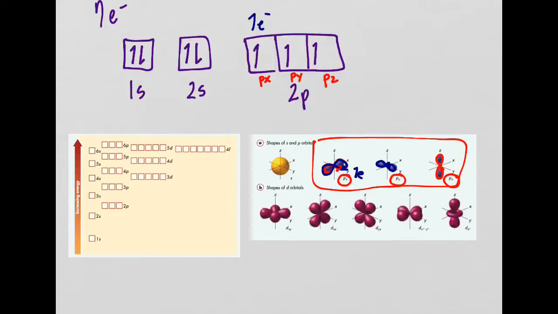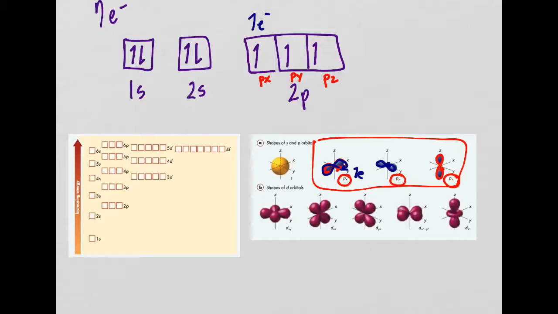It makes more sense that it would go to the pz orbital, right? Because we want to spread them out. Remember, electrons don't like each other. Like repels like. Negatives don't want to be around negatives necessarily, right? So we want to spread them out as much as possible. So that's basically what Hund's rule is telling us.